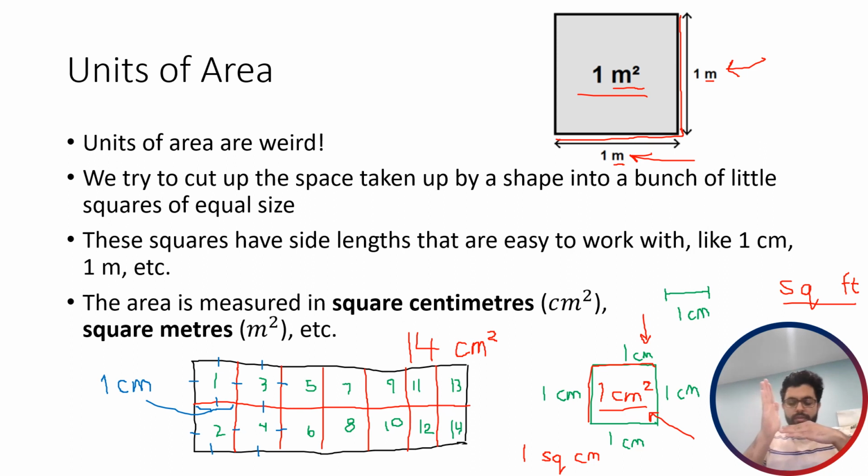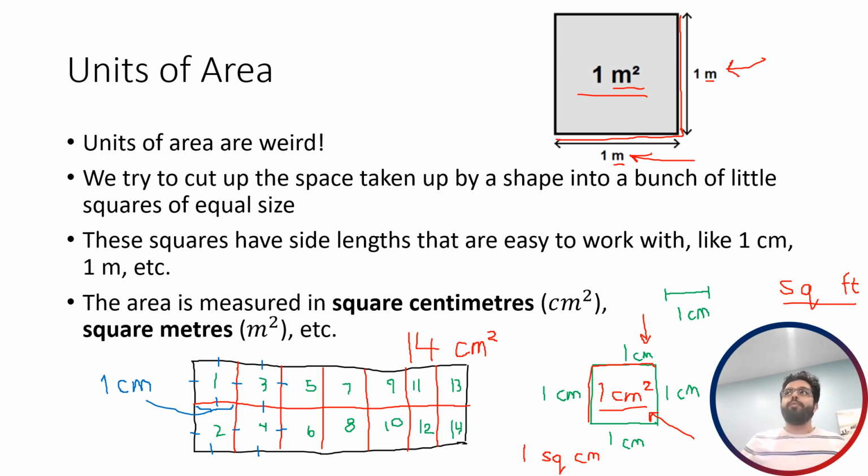So whatever units you're using for the outside of your squares, the inside will look very similar. You go from centimeters to square centimeters, meters to square meters, feet to square feet, kilometers to square kilometers.